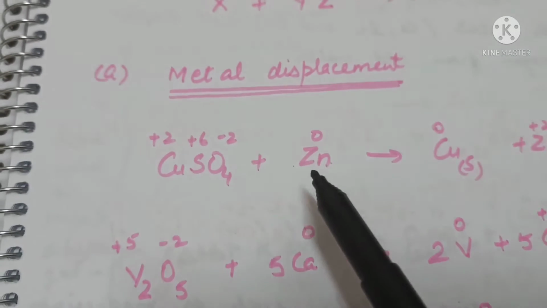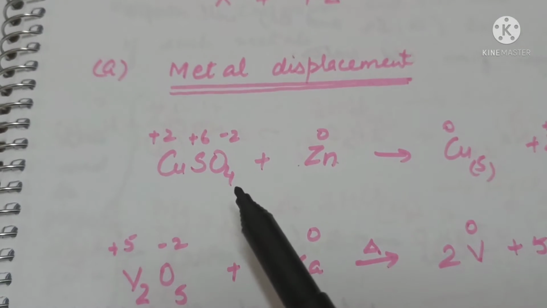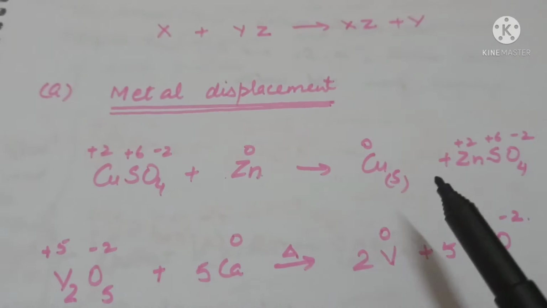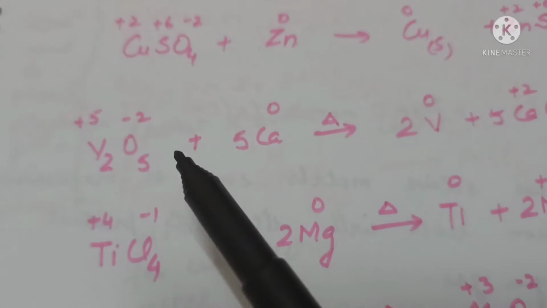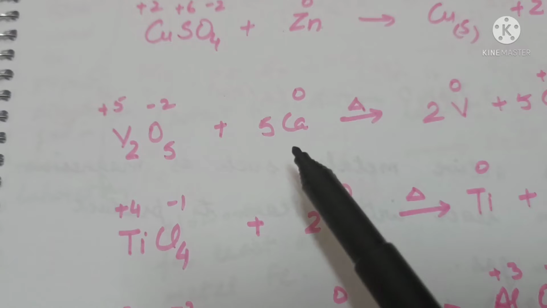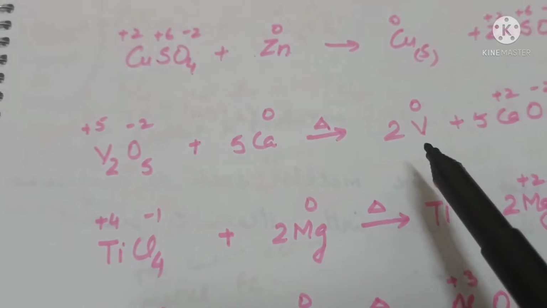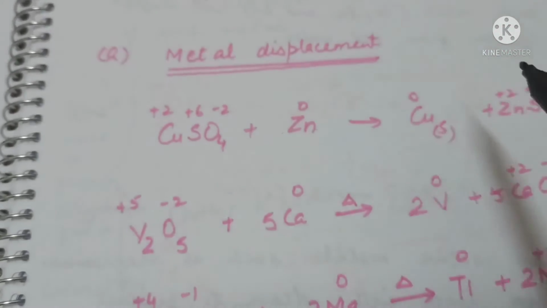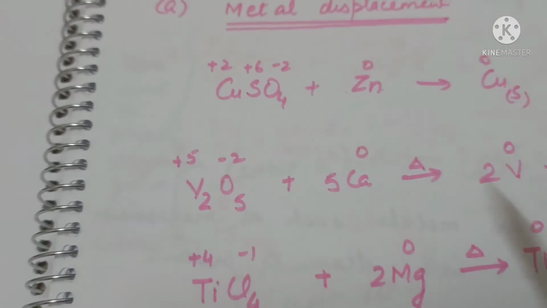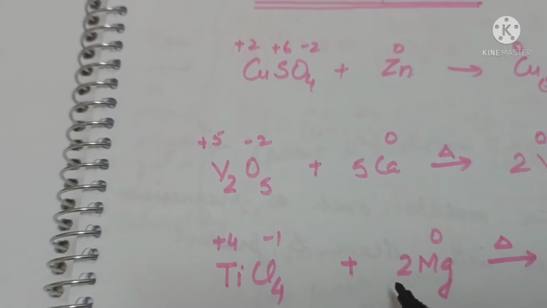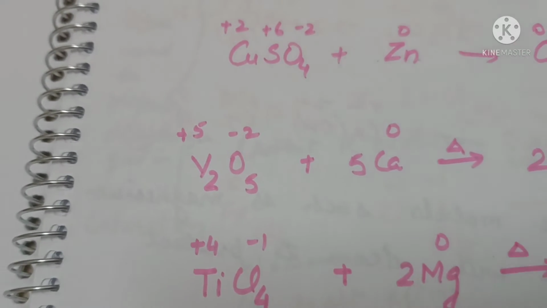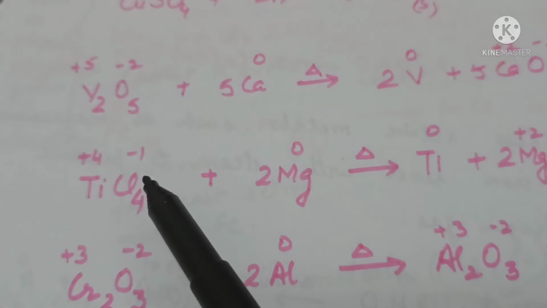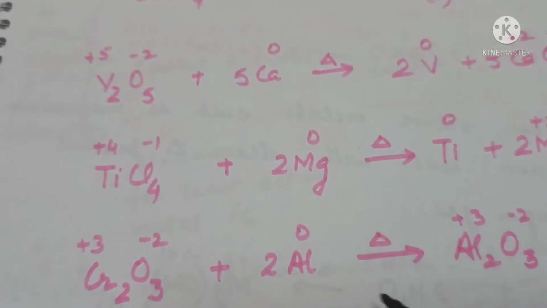Here zinc displaces copper from its compound, and as a result zinc sulfate is formed. Similarly, calcium displaces vanadium from its salts and calcium oxide is formed. This kind of metal displacement reaction is used in metallurgical processes, and pure metals are obtained from their compounds using suitable reducing agents.